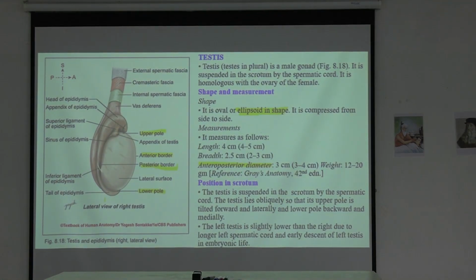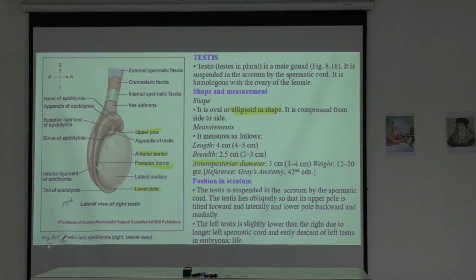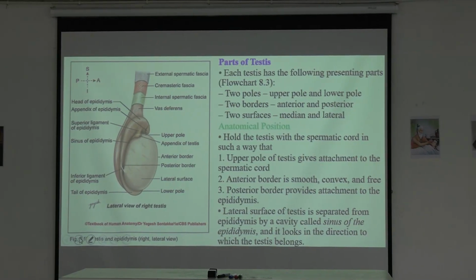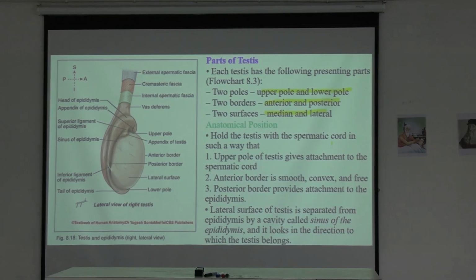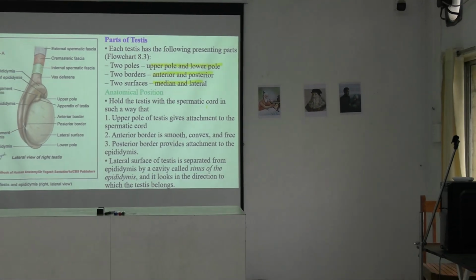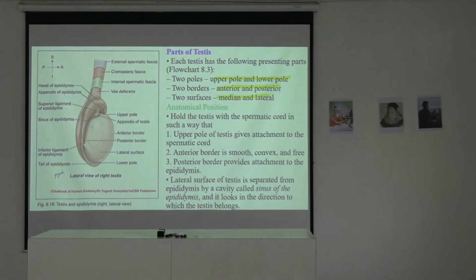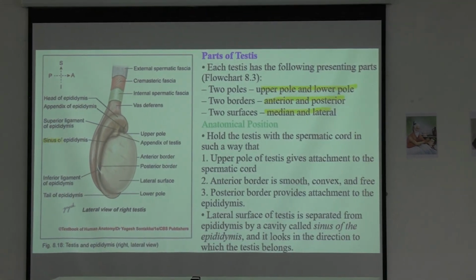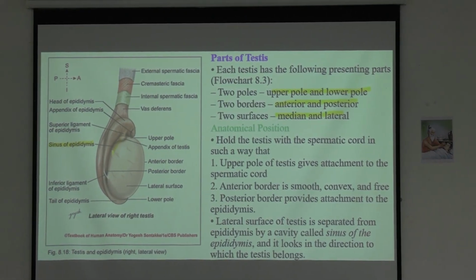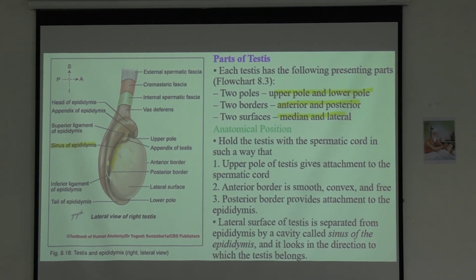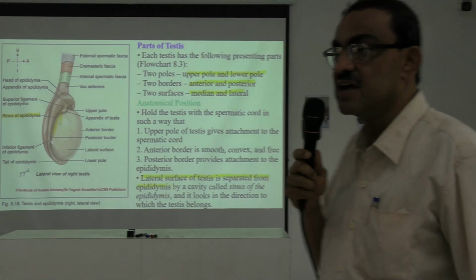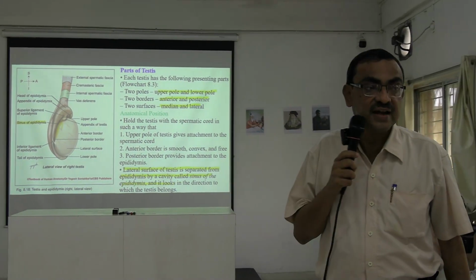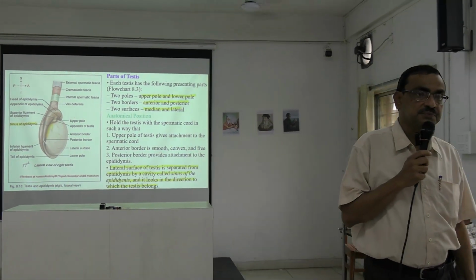The surface which we can see is the lateral surface. Why is it lateral? We can see a depression between the epididymis and the testis, which is called the sinus of the epididymis. So that is the lateral surface, and the other surface which we cannot see is the medial surface.